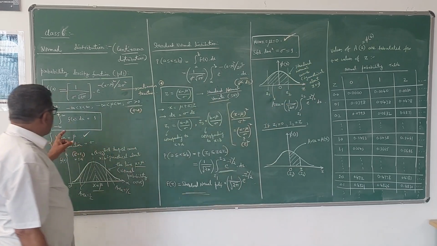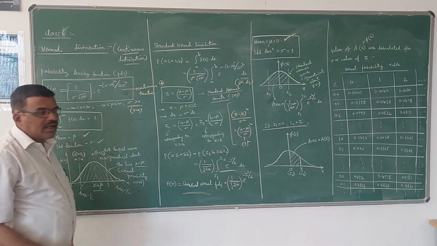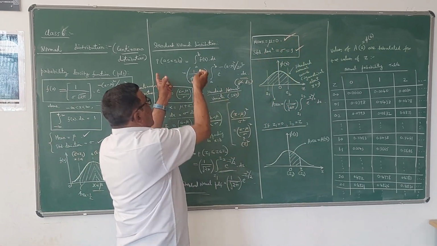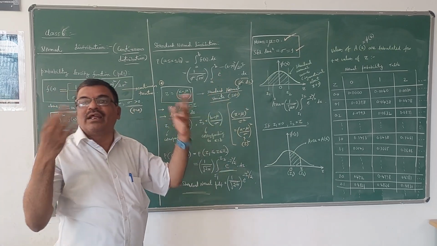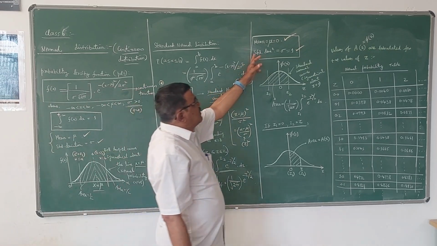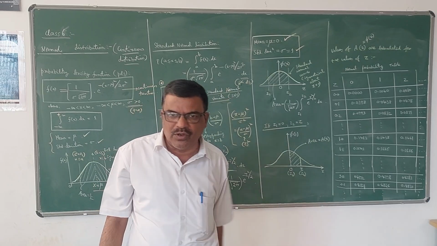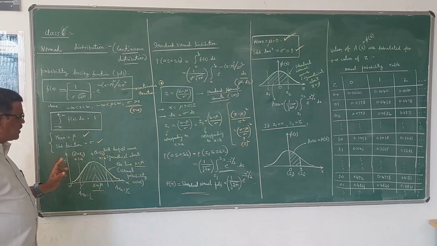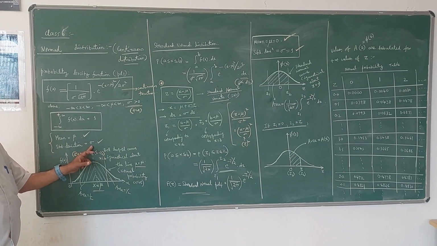Similarly, standard deviation of normal distribution is sigma, whereas standard deviation of standard normal distribution is 1. So we are normalizing it. So 0 and 1. So you have to remember that for a standard normal distribution, mean value is 0 and standard deviation value is 1, whereas for normal distribution, mean value is mu and standard deviation is sigma.